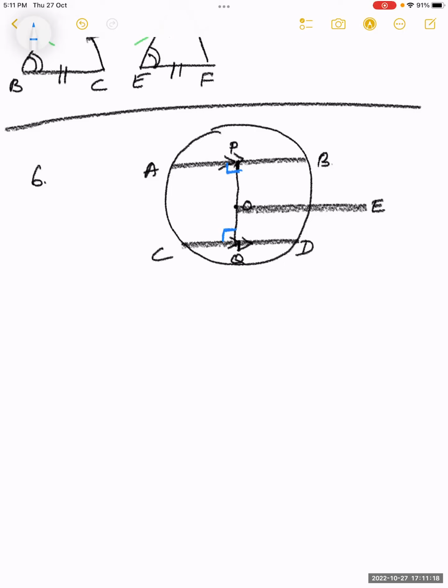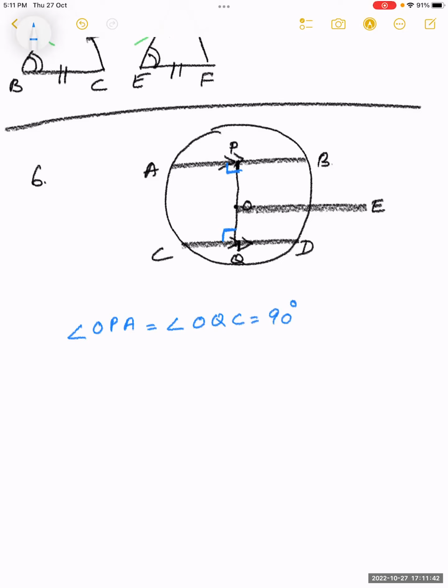Now, OE and AB are parallel, right? I'll just write down all the points again. Angle OPA is equal to angle OQC equal to 90 degree.